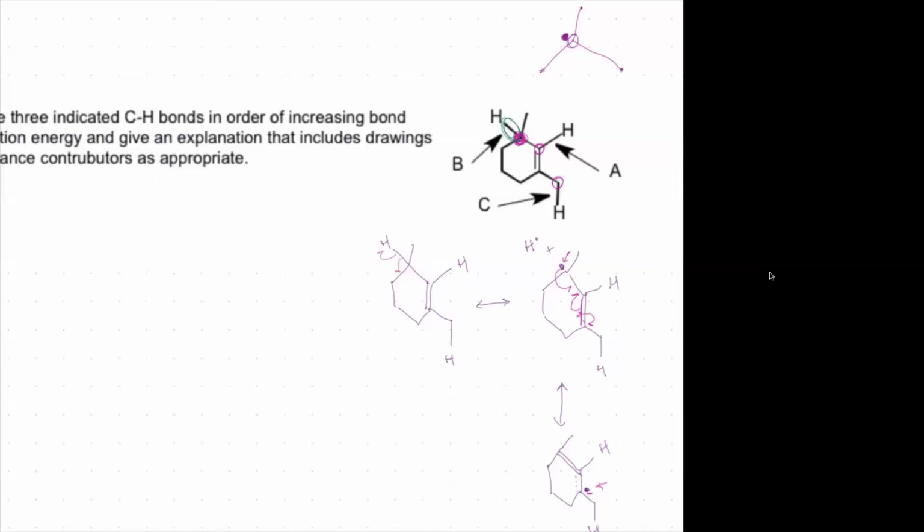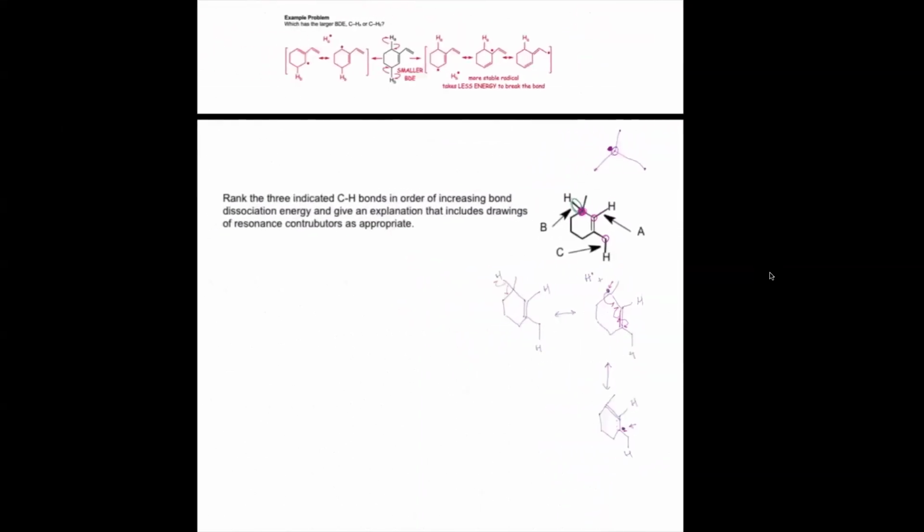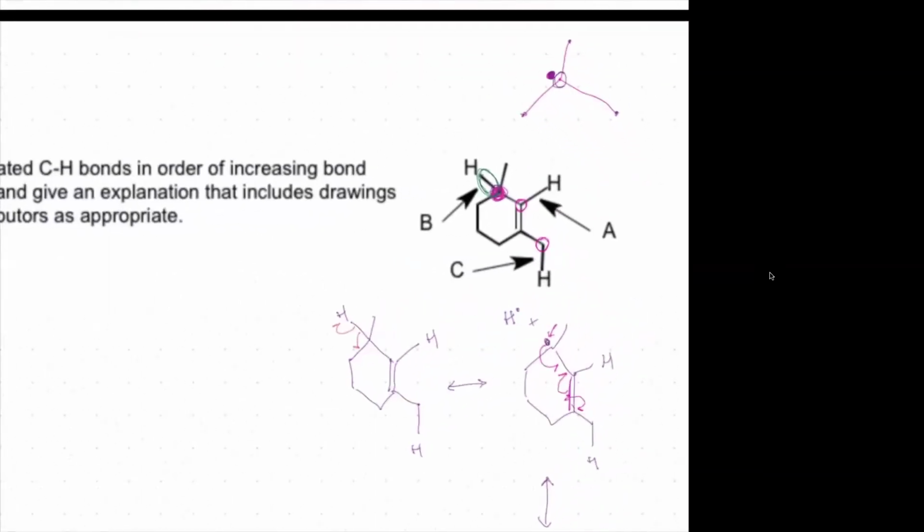And then I don't understand A. Why can't you draw a resonance structure that has the double bond in the southeast corner? I drew a double bond down there, maybe I just messed it up.